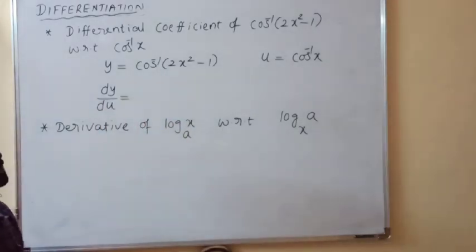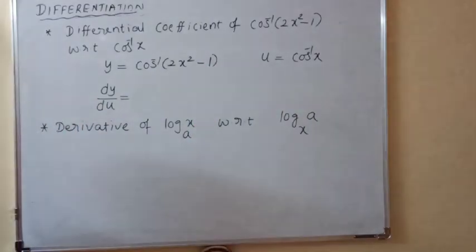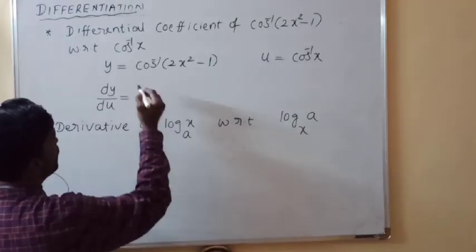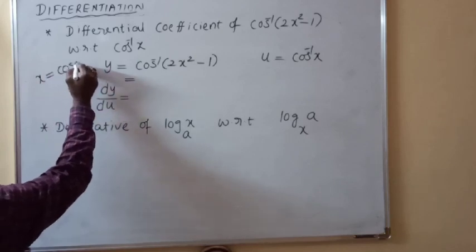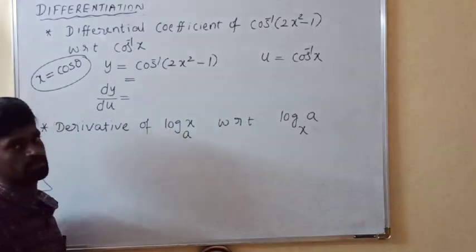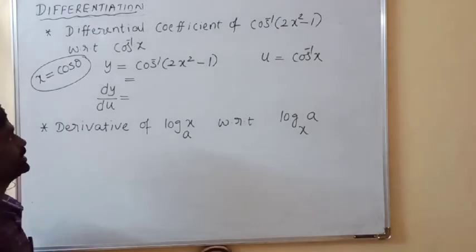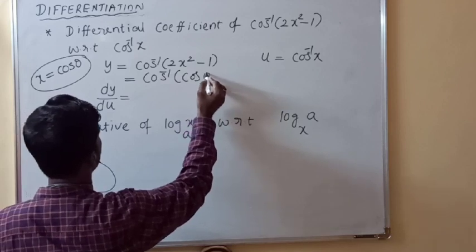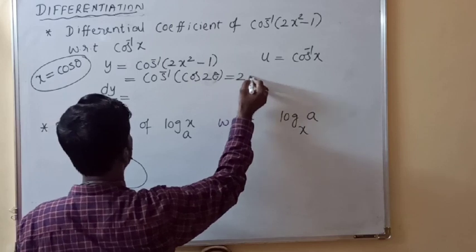Then if you observe cos inverse of 2x square minus 1, if you put the substitution x equal to cos theta, what will you get? 2 cos square theta minus 1. 2 cos square theta minus 1 is the formula for what? Cos 2 theta. That means y becomes cos inverse of cos 2 theta, which is equal to 2 theta.